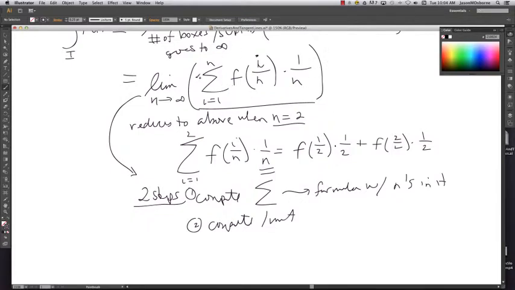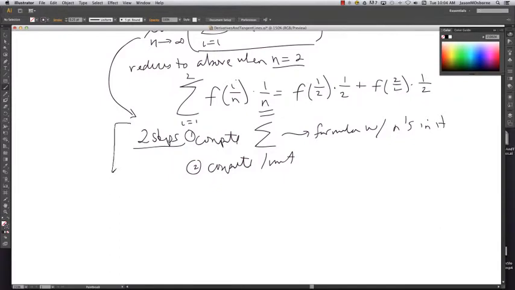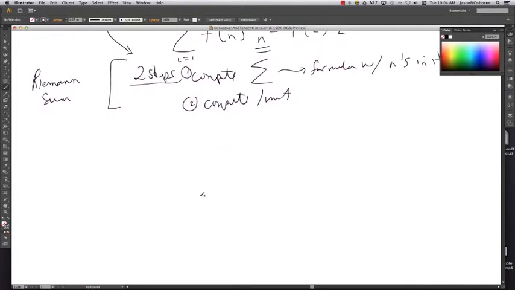We're going to first evaluate this summation, and then we are going to compute the limit. And if we can do both of these steps, we should get the exact area under the curve using the Riemann sum method. So these two steps are the Riemann sum. Okay.